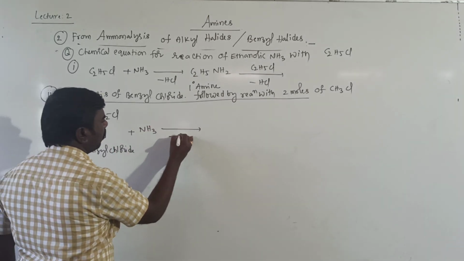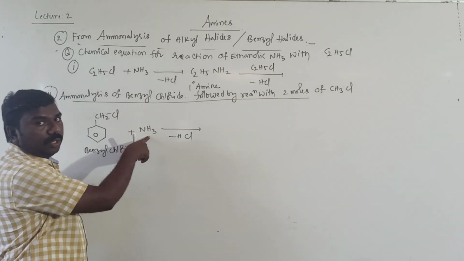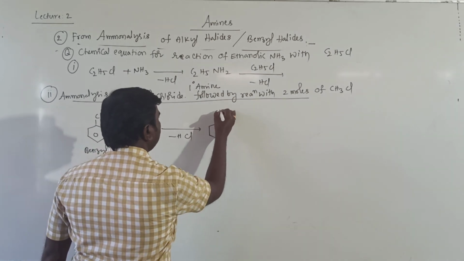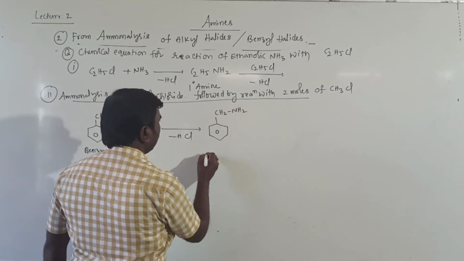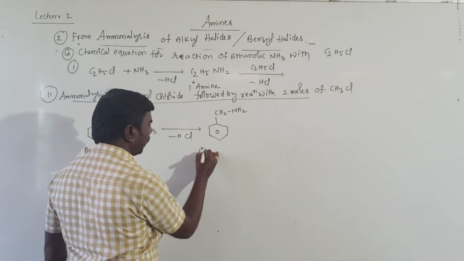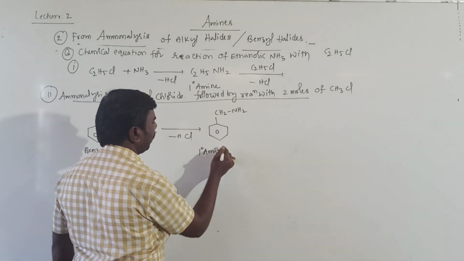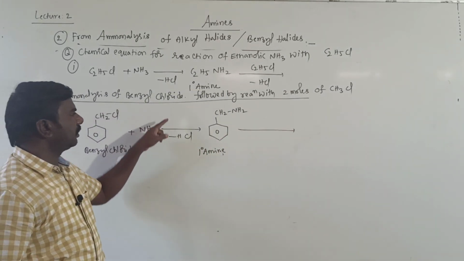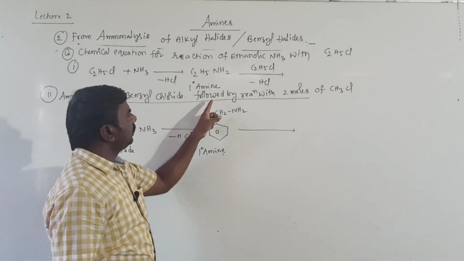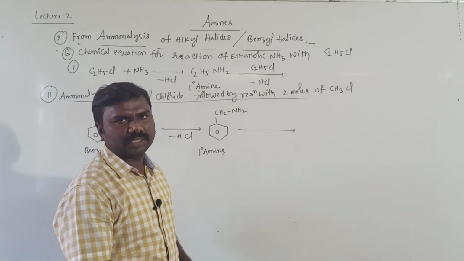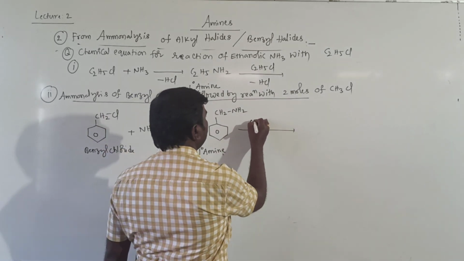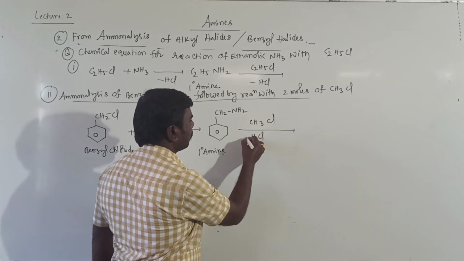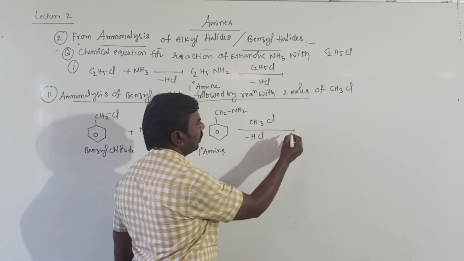H and Cl are removed, and NH2 as a nucleophile is substituted in place of chlorine, giving C6H5CH2NH2, a primary amine. This is what we got from ammonolysis of benzyl chloride. This is treated with 2 moles of CH3Cl. With the first mole, Cl and hydrogen are removed as HCl.